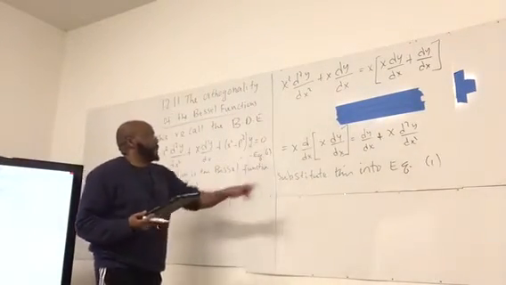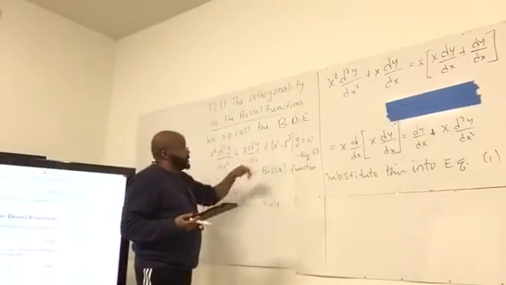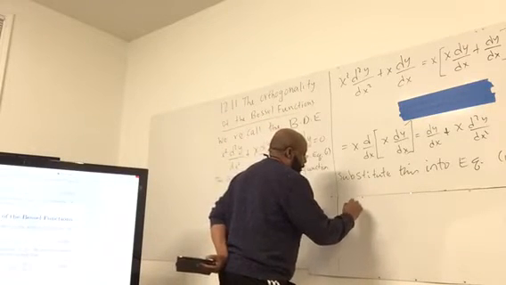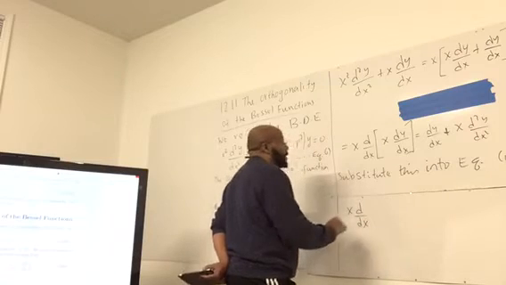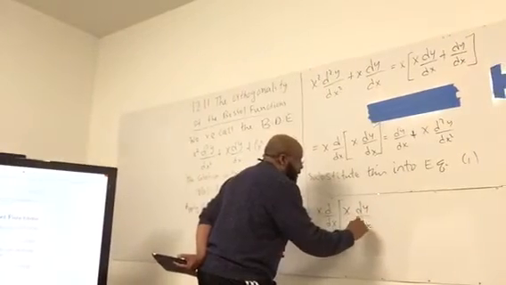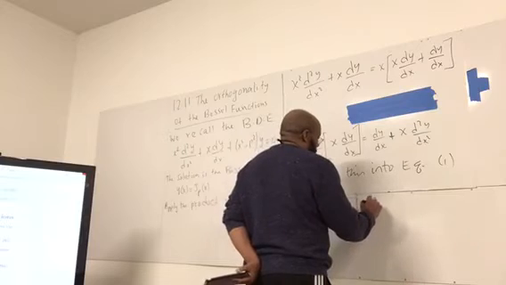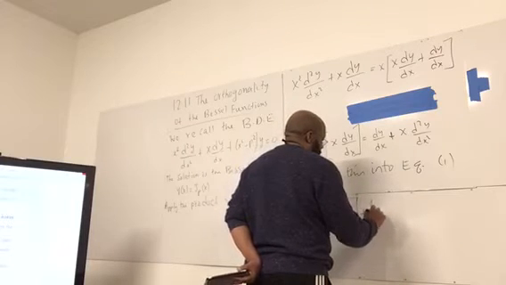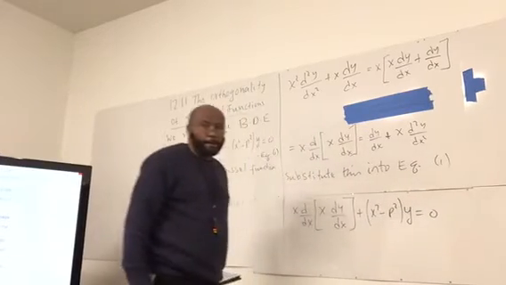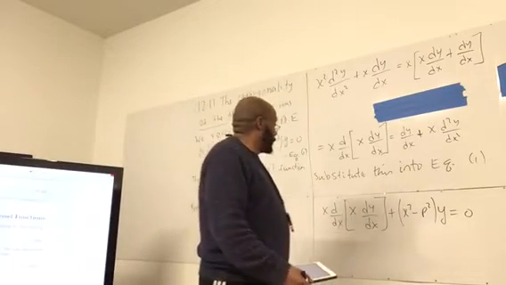If I substitute that in place of these two terms in this equation, what I would find is x d/dx (x dy/dx) plus (x squared minus p squared) y equals 0. All right, so that's what we get for the differential equation.